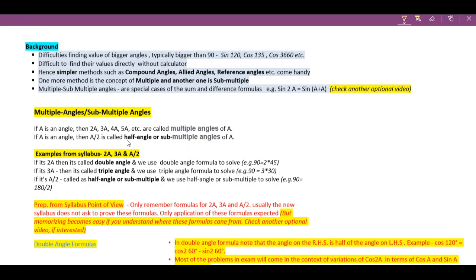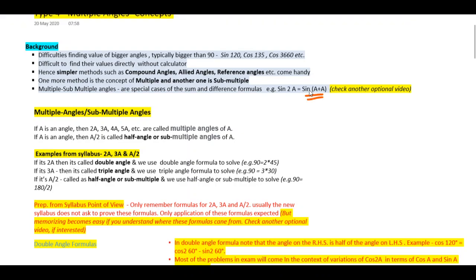But if you check out that video, you will realize that multiple angles and submultiple angles, which we're going to discuss in this session, are just a special case of the sum and difference formula or compound angles. They are not very different. For example, sine 2A can be expressed as sine of A plus A. So this is nothing but a compound angle. That's it. It's not very different.